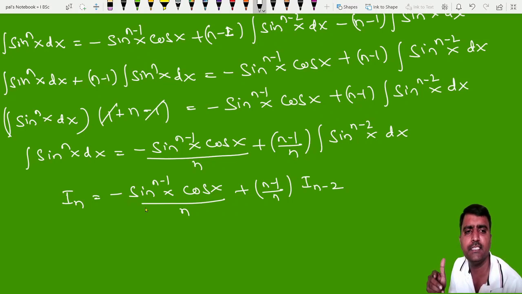Similarly, integration of sine to the power n minus 2x dx can be written as In minus 2.